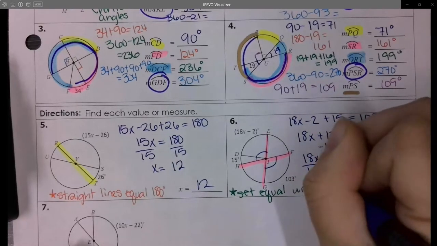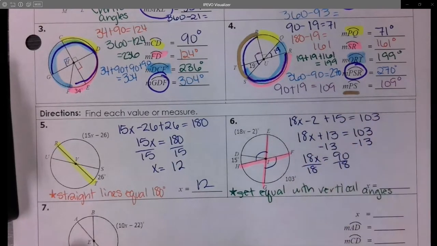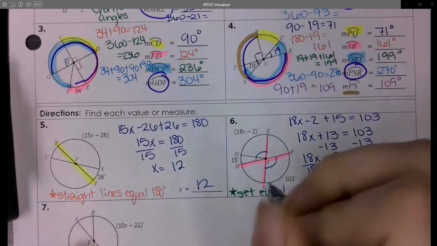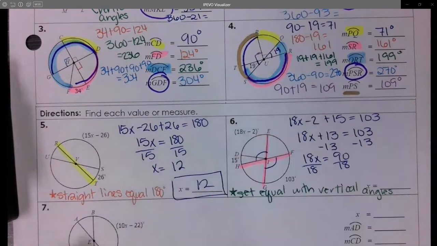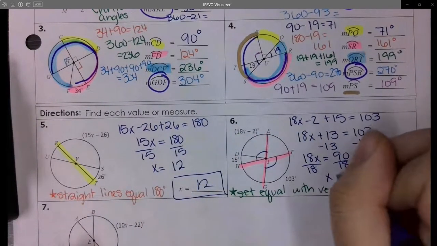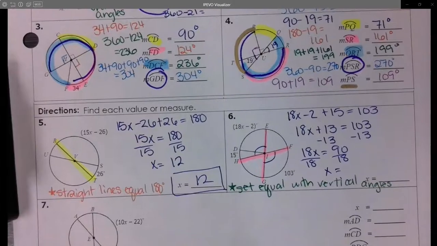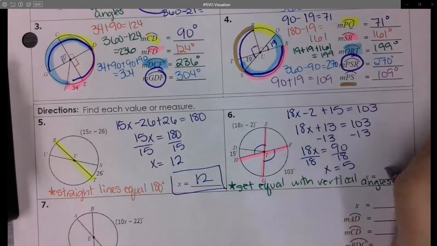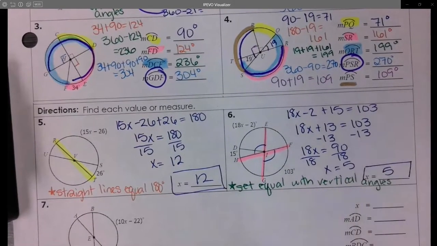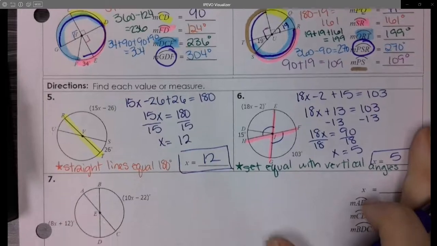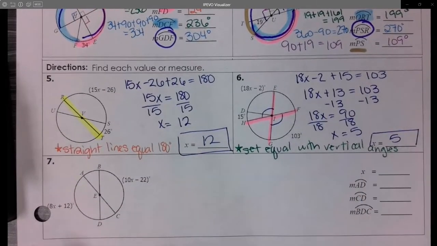Then I want to go ahead and divide both sides by 18. And I get x equals 5. Questions on number 6?